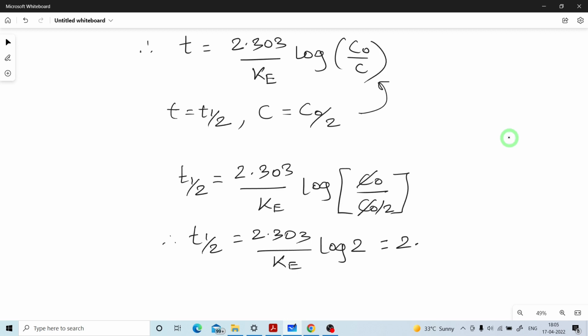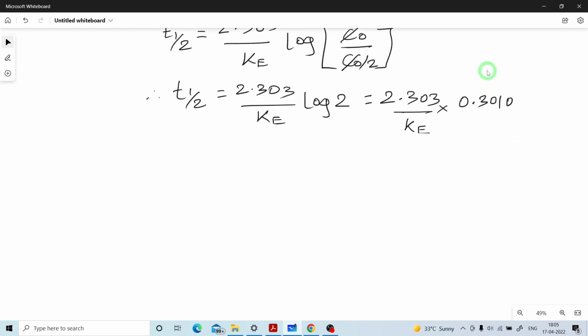So 2.303 upon Ke into 0.3010. Now, if you multiply 2.303 with 0.3010, your answer is going to be T half will be equal to 0.693 divided by Ke.